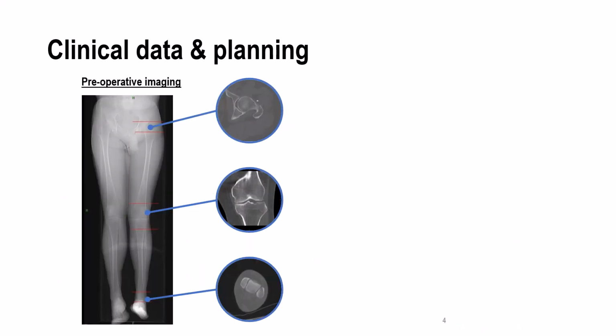So let's take a bit deeper look together at how such a TKA is actually planned and executed. Normally a preoperative imaging is done, and here you can see a so-called scout image. The patient is in supine position, and we get an overall overview of the lower extremity, to identify certain body regions, such as the hip joint, the knee joint, and the ankle joint region, to do high resolution scans.